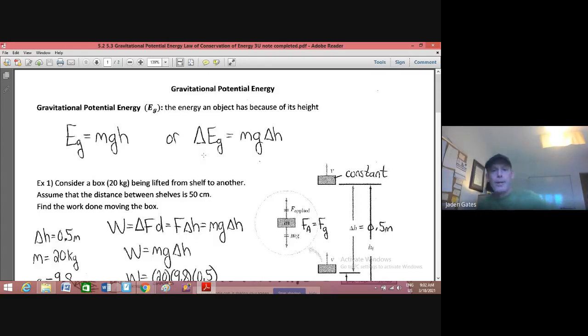It's a Greek letter. The change in gravitational potential energy is mass times g times your change in height. Whether you started from the ground floor or you're just changing the level, delta EG is equal to mg delta H.